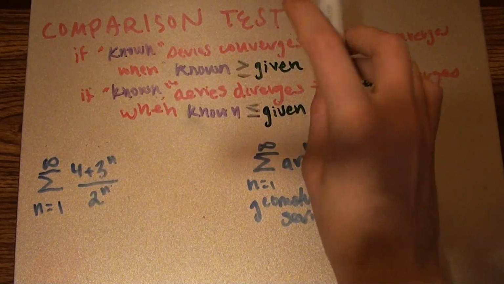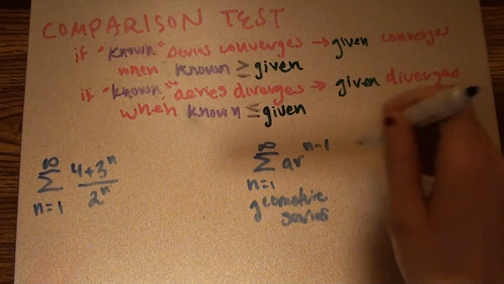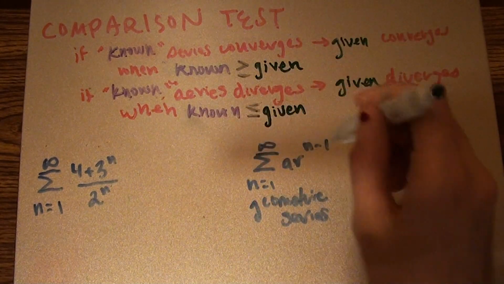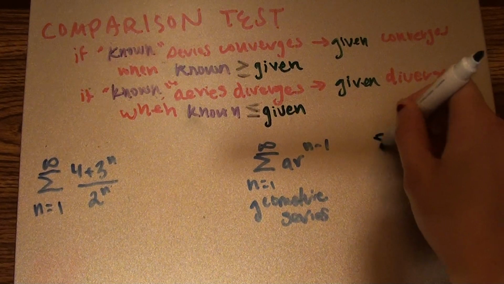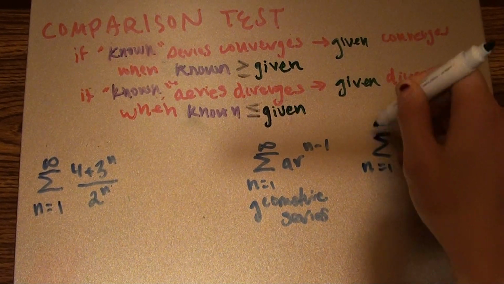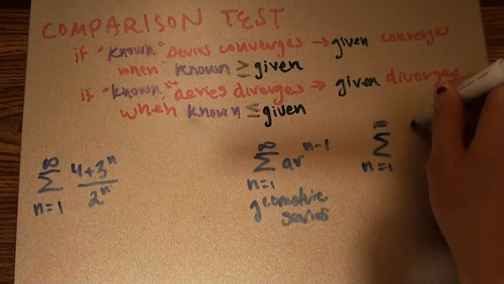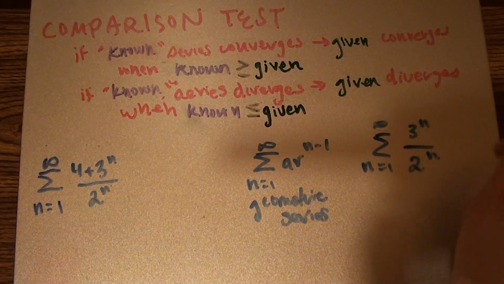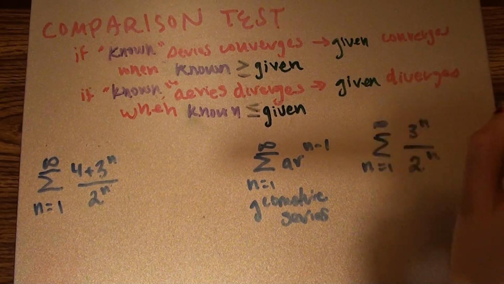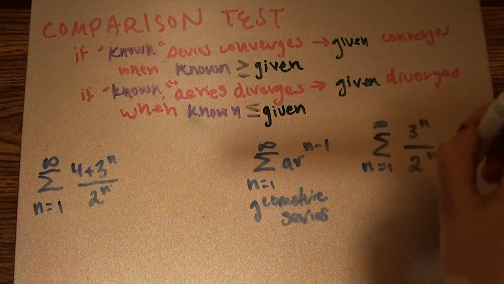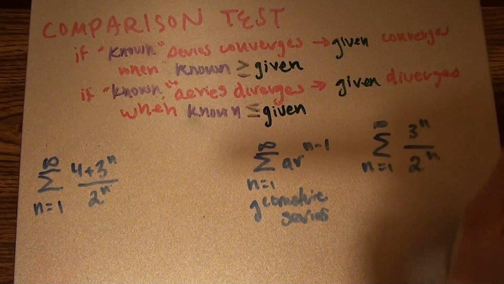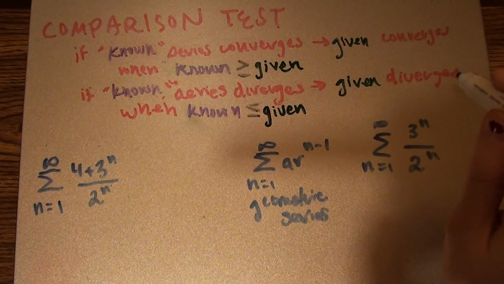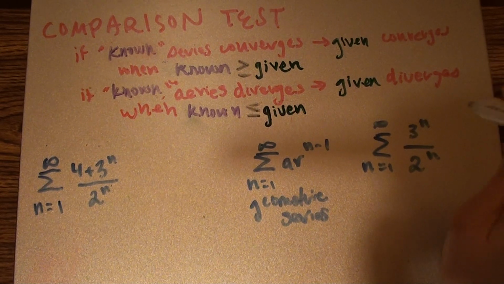It's just added on. So if we were to rewrite this as a geometric series, it would look like 3 to the n over 2 to the n. Now we have to determine whether this series we've made up is convergent or divergent. This is our known series. To determine whether a geometric series is convergent or divergent, we have to find our common ratio.